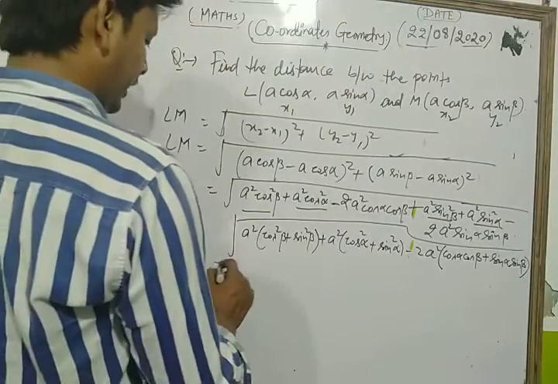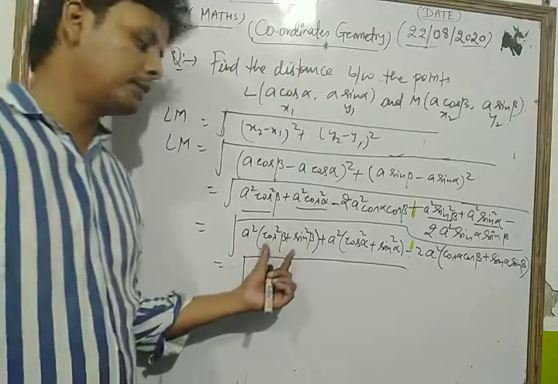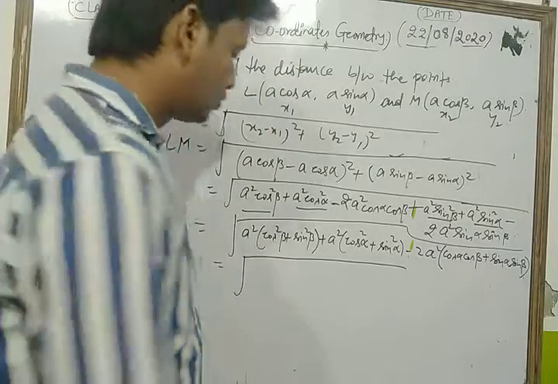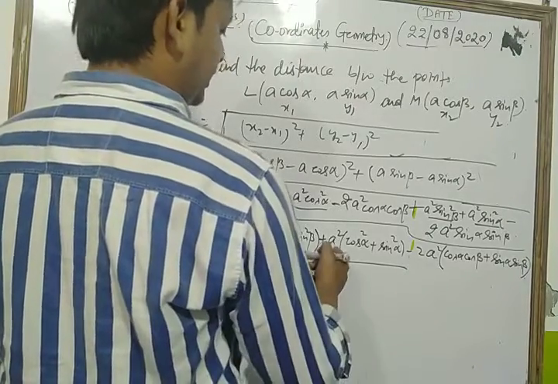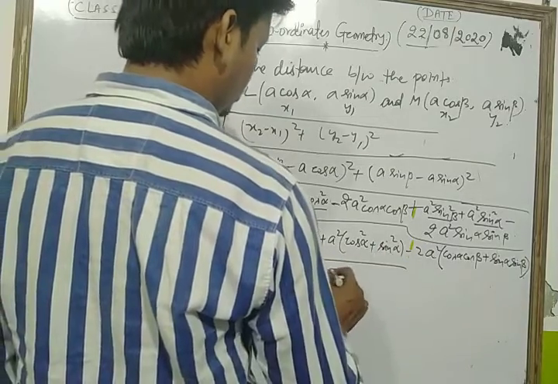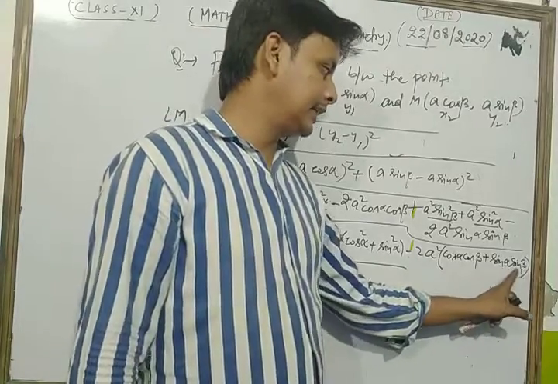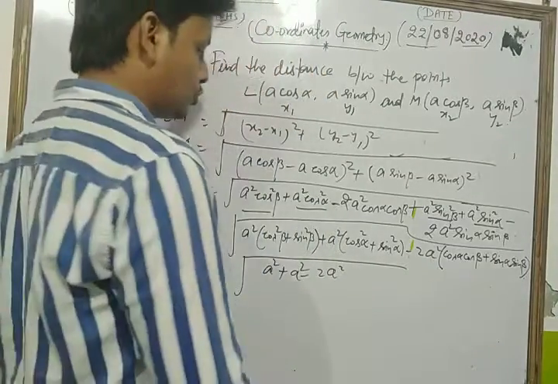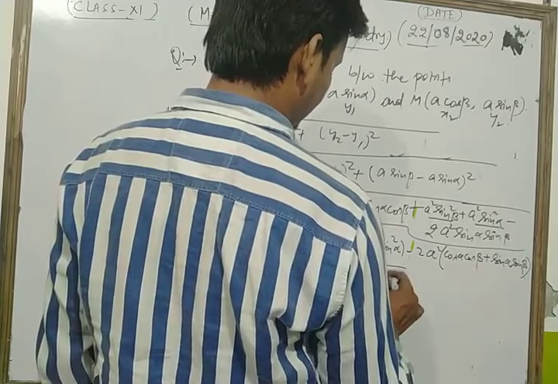Now, dear students, you know that the value of sin square theta plus cos square theta is 1. So here we get A square into 1, which is A square, plus A square into 1, which is A square, minus 2A square, and this is the formula of cos A cos B plus sin A sin B, which is cos (A minus B). So we write cos (alpha minus beta).